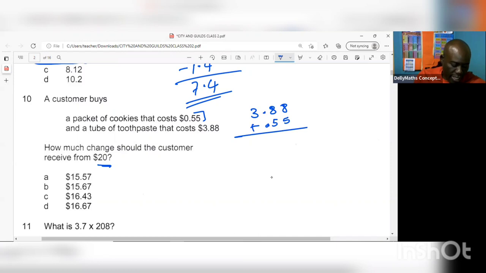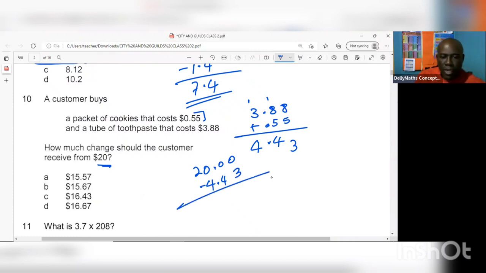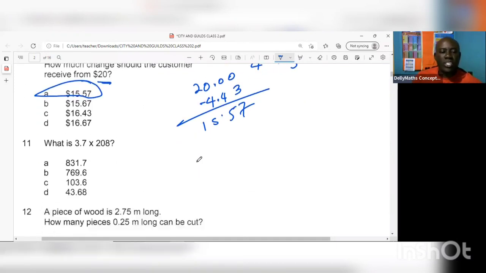So we're talking 3.80 plus 0.55, which gives $4.35 carried over properly to $4.43 as shown. Taking that from the 20, we get 15.57, which is the change the customer gets back.